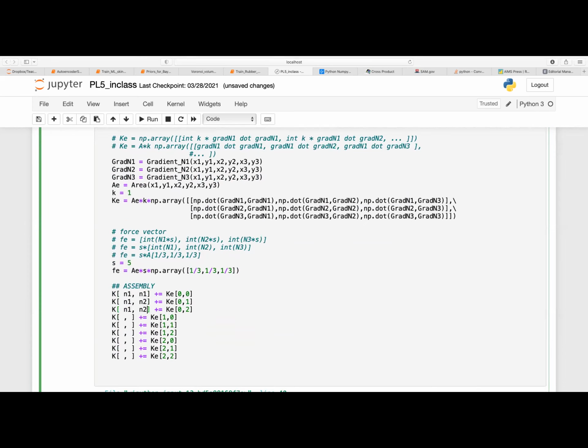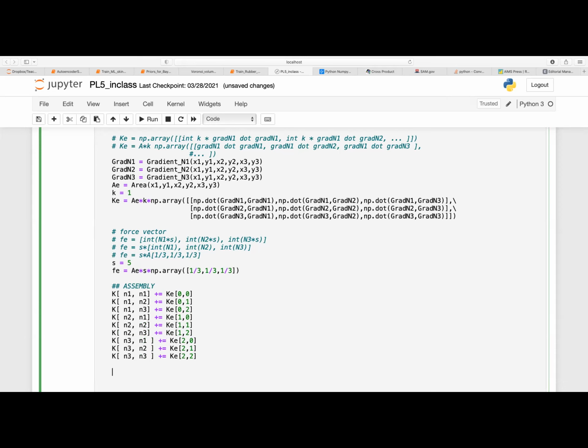And 1 and 3. Then 2 and 1. And 2, 2. 2 and 3. And 3 and 1. 3 and 2. 3 and 3.